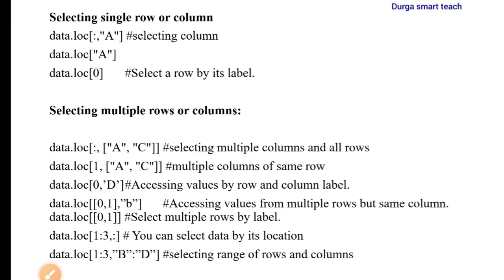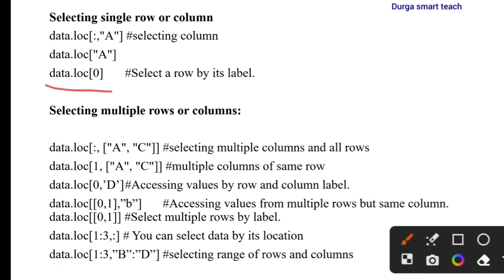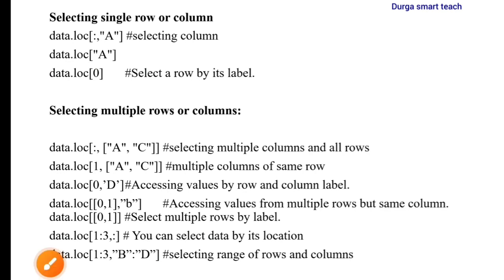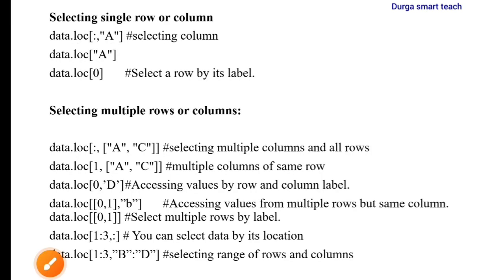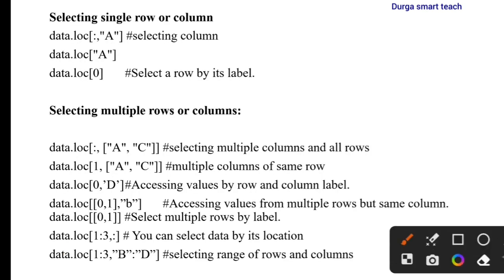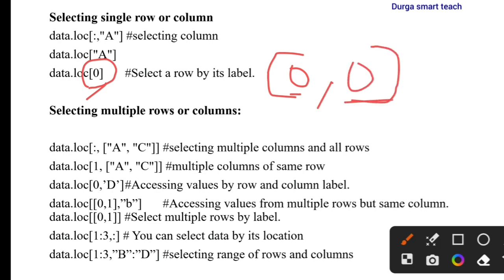And data.loc[0] is used to select a row by its label, so it will display the first row, that means the 0th row. Why the 0th row? Because here 0 represents the row. If you use a comma, that means 0 comma 0, the 0th row, 0th column.